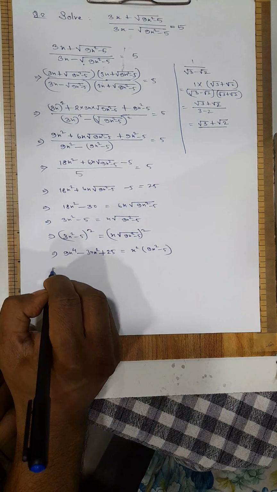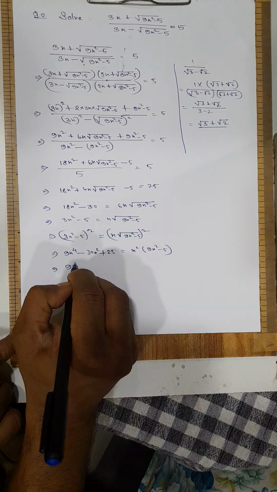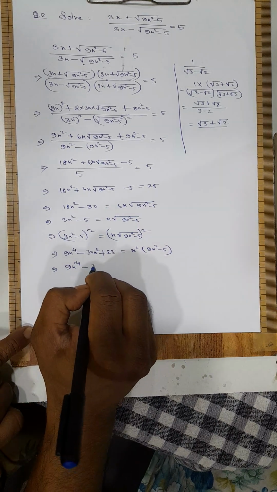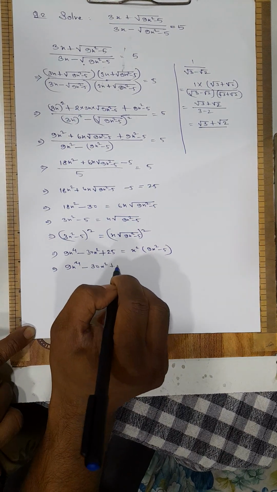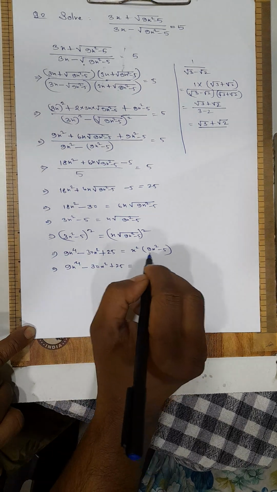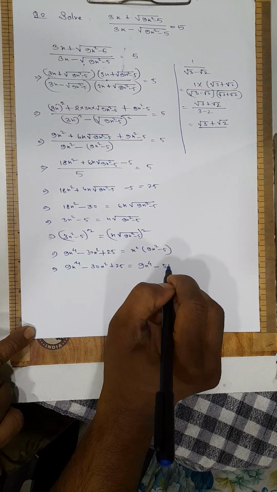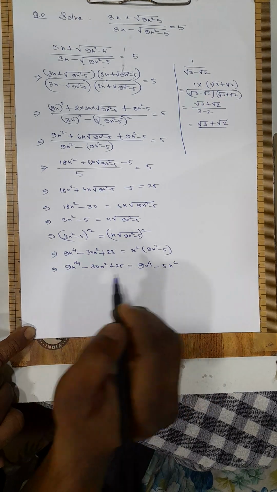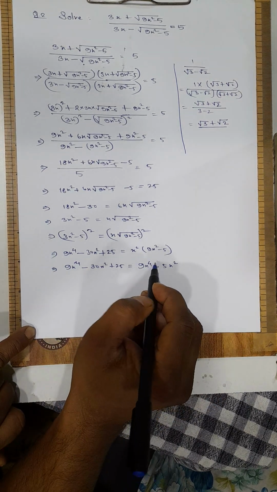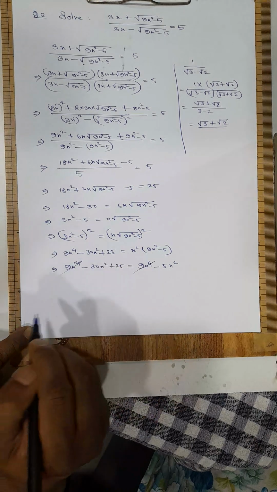So after simplification it becomes 9x⁴ − 30x² + 25 = 9x⁴ − 5x². So you can cancel out similar terms here.